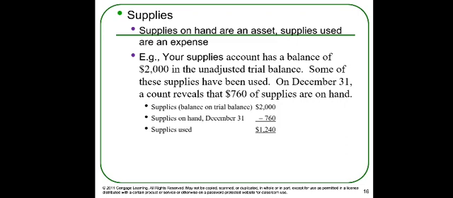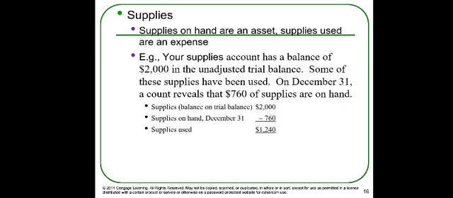At the end of the year, which is on December 31st, you found that $760 of supplies are on hand, are left in your business. At the beginning of the year, you have $2,000 supplies, and then during the year you use some supplies. At the end of the year, you see the supplies balance is $760. So when you want to do the adjusting entry for supplies, you have to calculate how much supplies have been used.